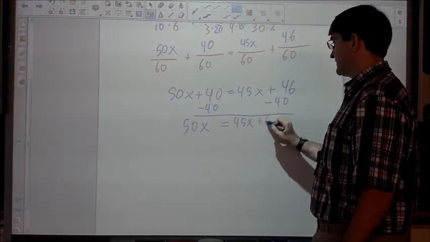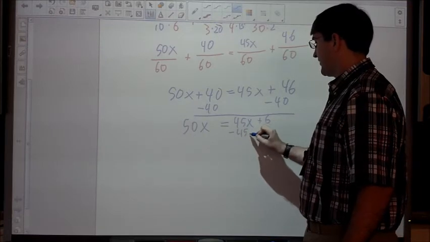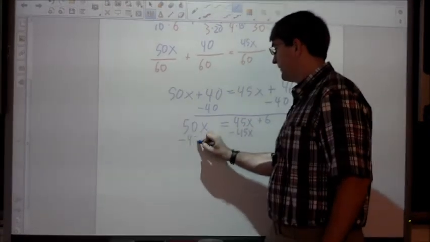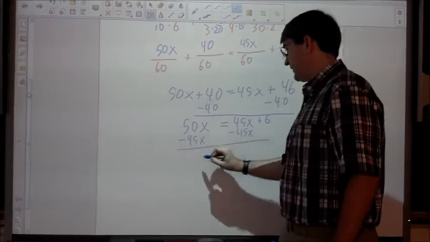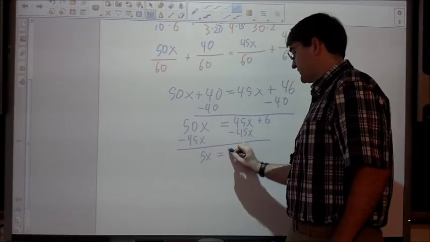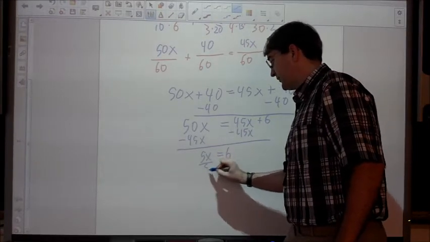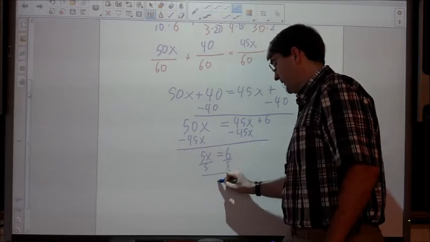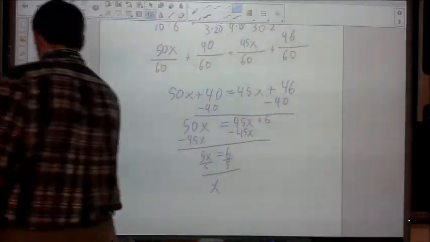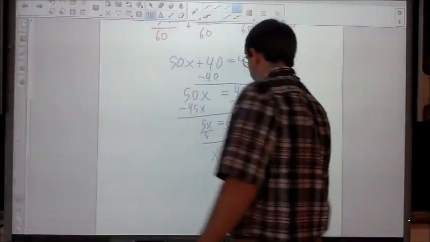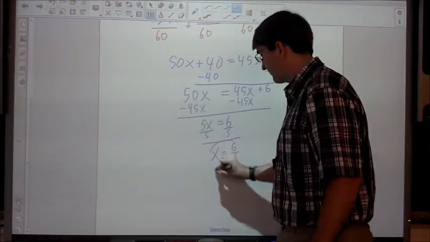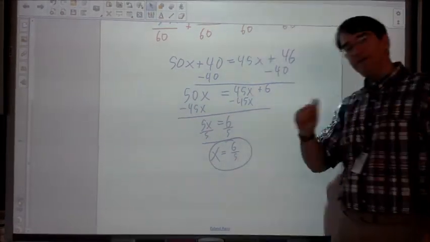I get plus 6, minus 45x from both sides. I get 5x equals 6, which means I divide both sides by 5. It doesn't quite work out as a whole number, but that's okay, because 6/5 still counts. We leave it as 6/5.